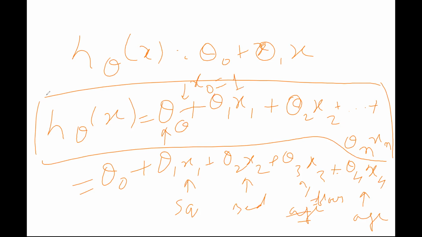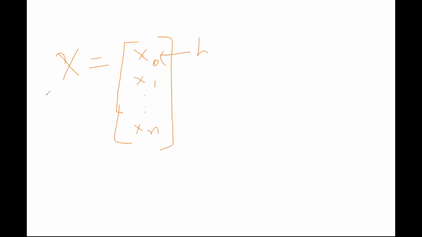So now, how will we write? h theta of x is equal to theta naught into 1, which can be theta naught x naught. What I am saying is that my x naught is 1, because this is the same as theta naught by itself, and now theta 1 x1 and so on. Now you can see I have the simplified one, so I can just write the x naught at this place.